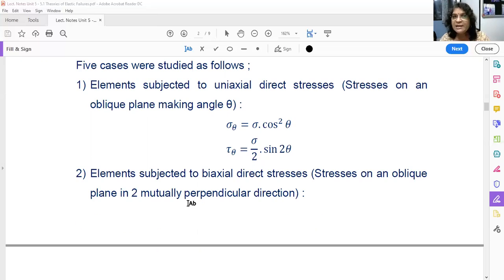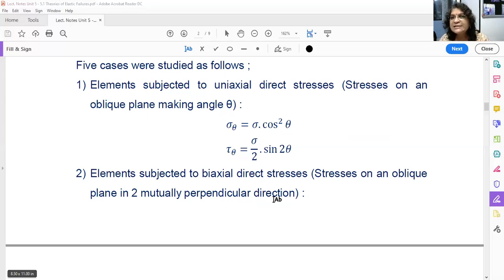Similarly, the second case is an element subjected to biaxial direct stresses. That means stresses on an oblique plane in two mutually perpendicular directions. This is your element and there are two stresses. Biaxial means stresses acting along, suppose, the x-axis and also along the y-axis. These are the biaxial direct stresses.